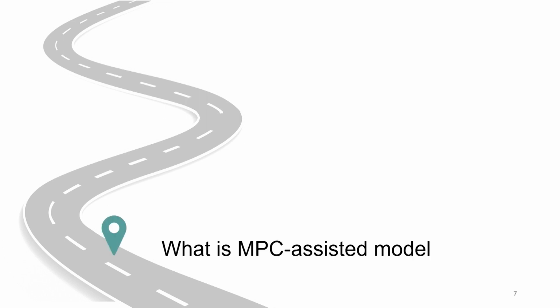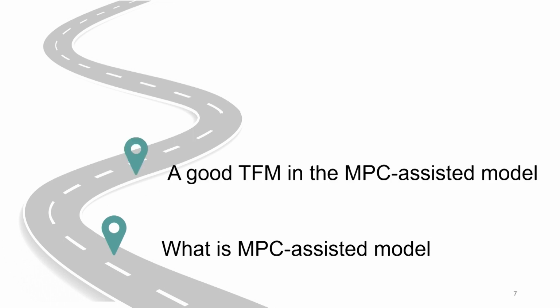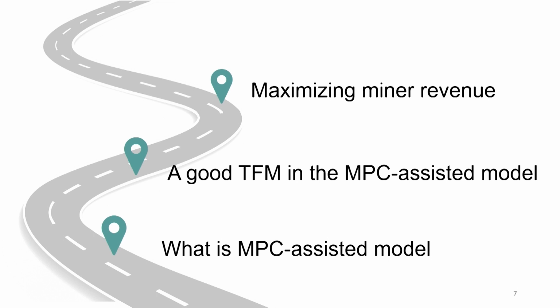So the rest of this talk will be split into 4 parts. I will first introduce what the MPC-assisted model is, and what a good transaction fee mechanism that satisfies all three properties in this MPC-assisted model looks like, how we adapt it to achieve positive miner revenue under an additional reasonable world assumption, and finally, some exciting future directions.